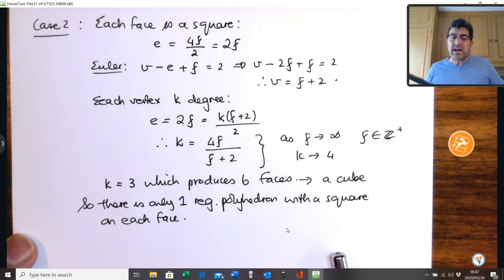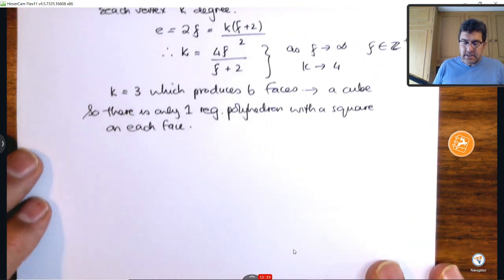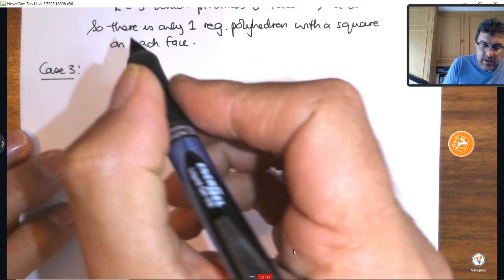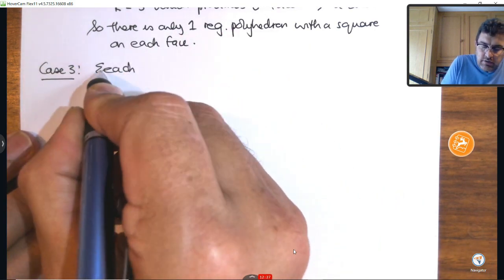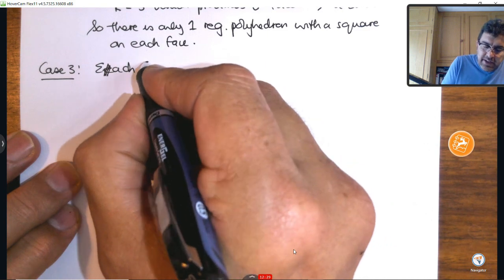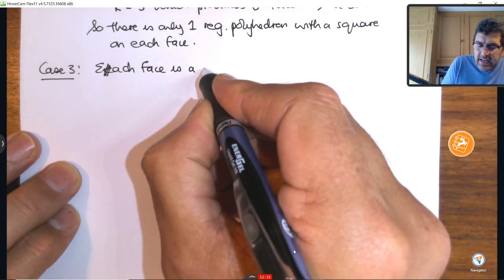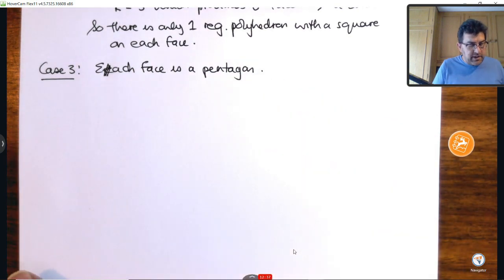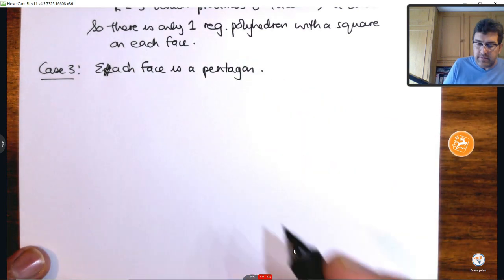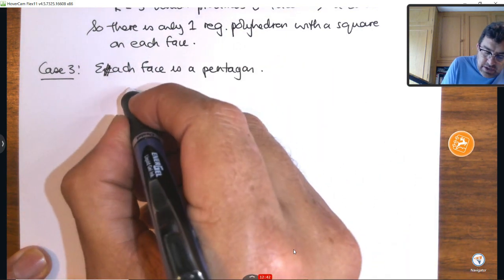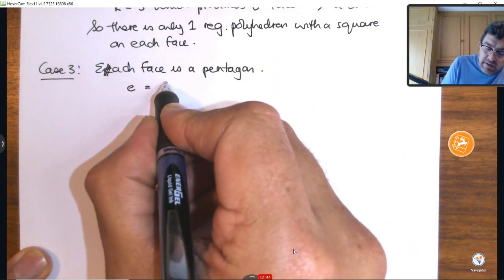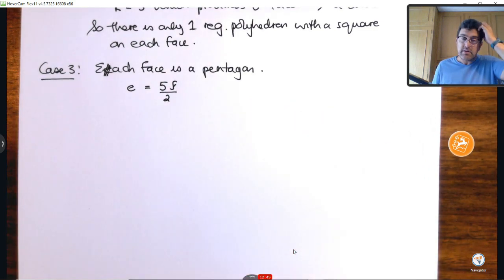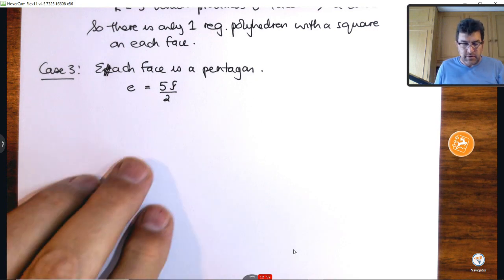Let's look at the third case, case number 3. So for case 3, clearly we're going to look at the pentagon. Each face is a pentagon. Okay, now if each face is a pentagon, the number of edges will be 5f divided by 2. Okay, the number of edges as related to the number of faces.